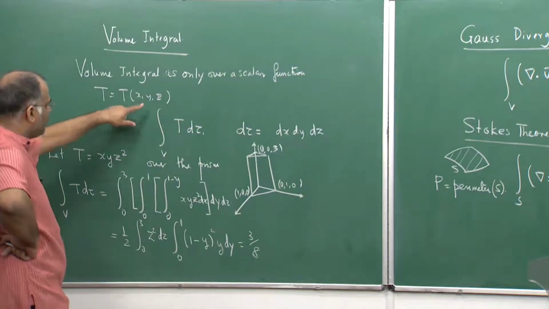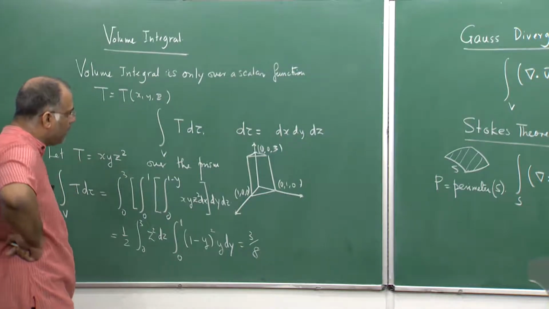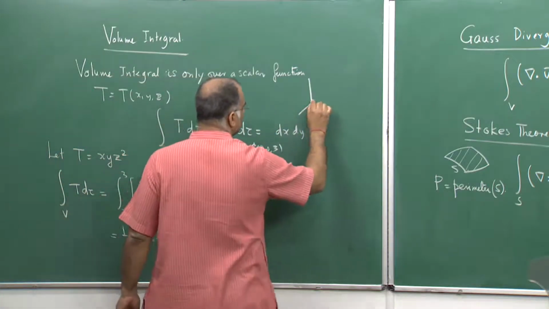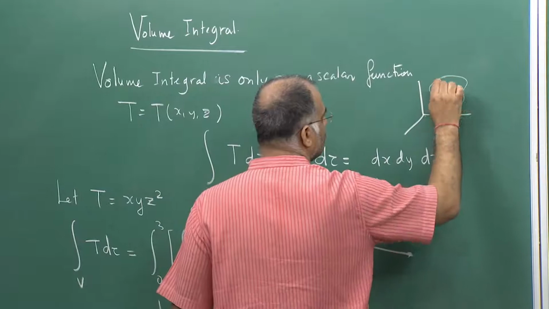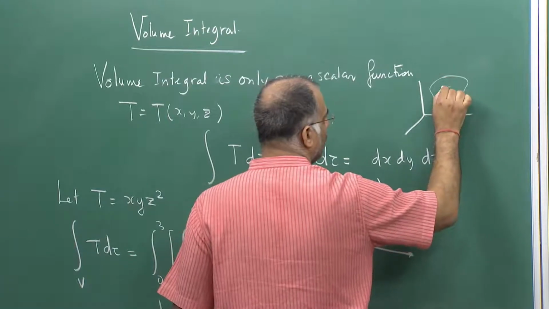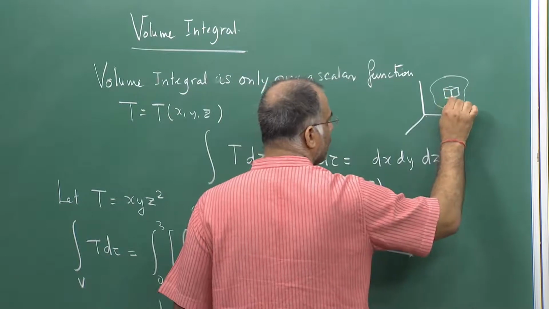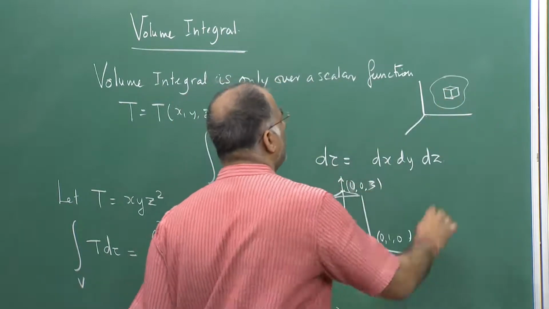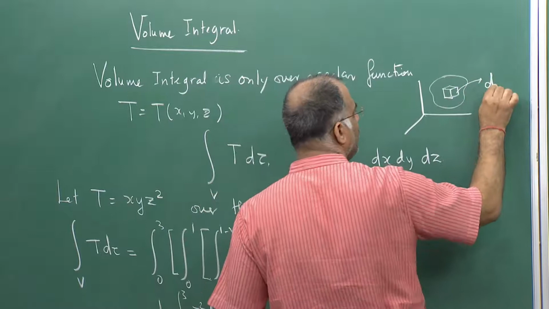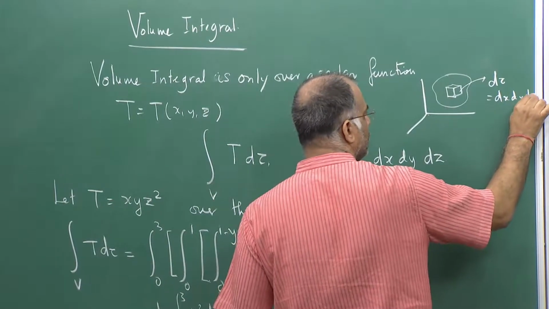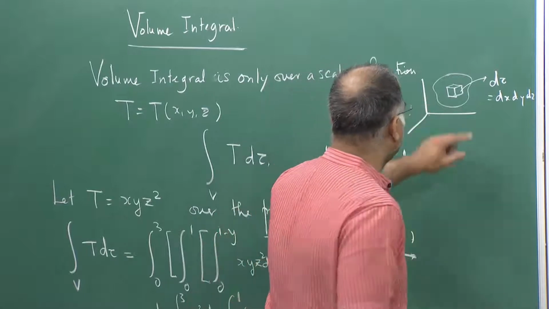Here is a function of x, y, z, and d tau is the volume element. If there is a body like this, then d tau is a volume element which is nothing but dx into dy into dz, the elemental volume.